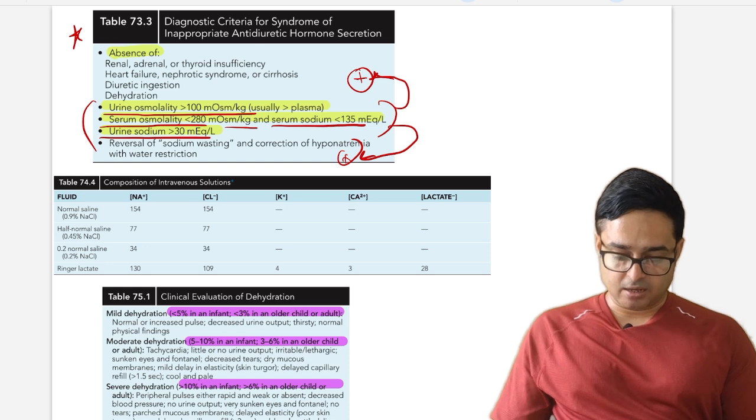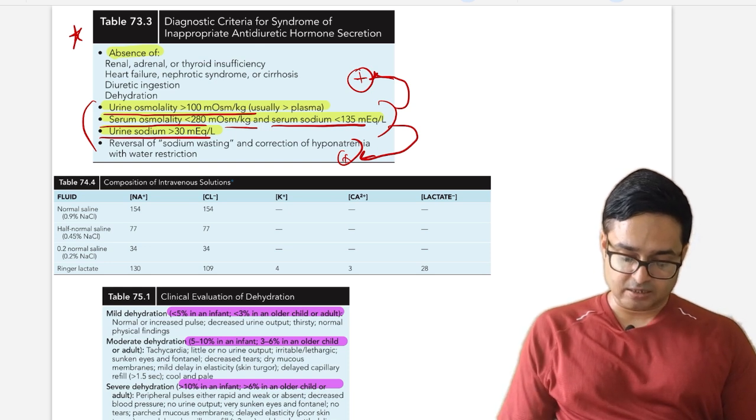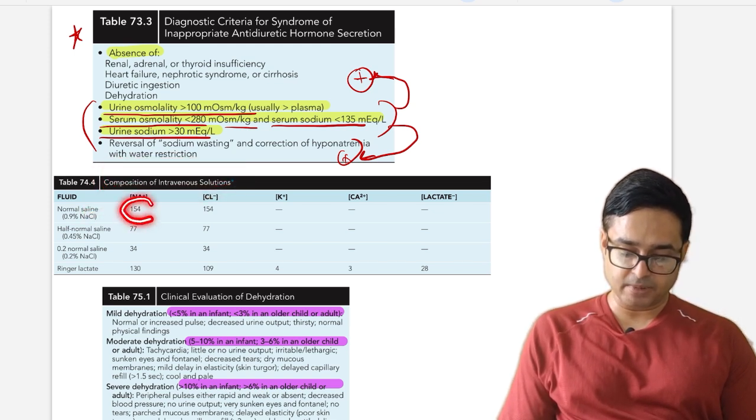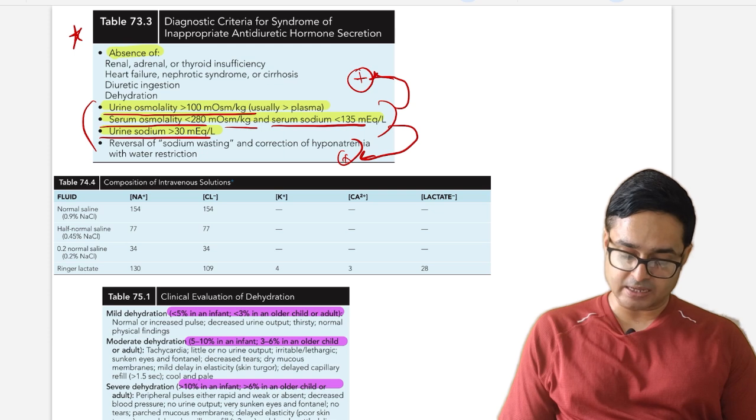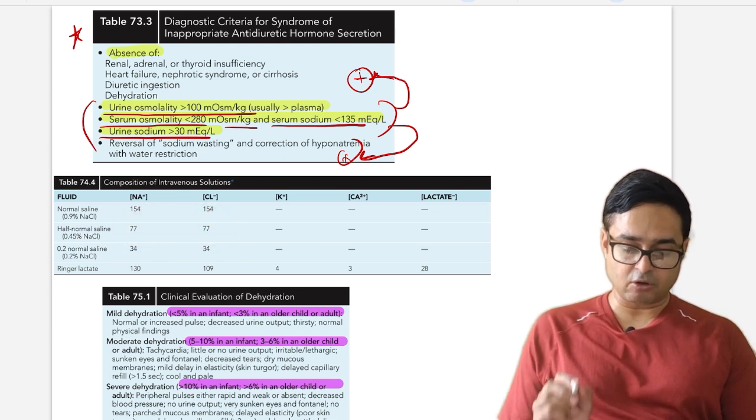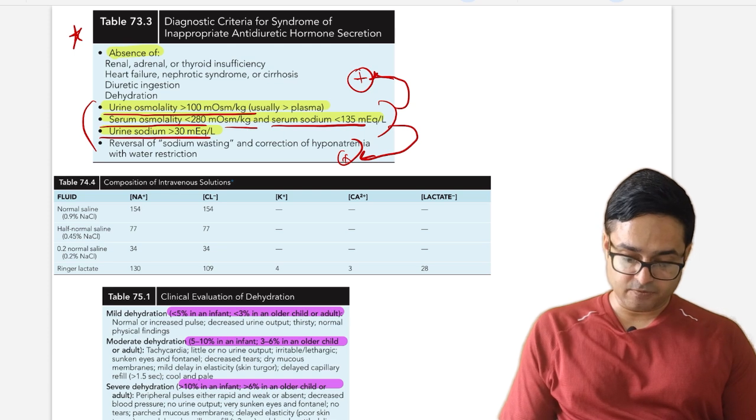Okay. Now going to another subtopic, composition of intravenous solutions. Normal saline, we all know, contains 154 milliequivalent per liter of sodium. Chloride is similar. If we go to half NS, it will be 77 and 77. What is important for us to remember is Ringer lactate.